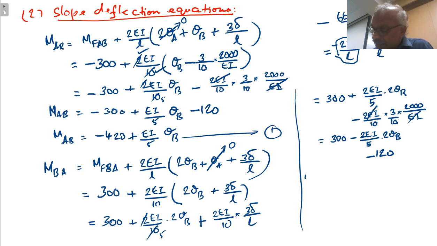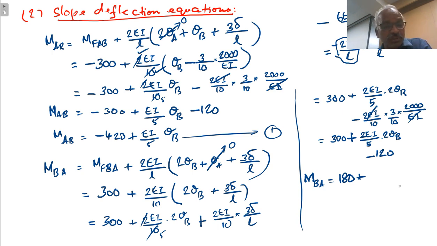Therefore you find MBA equal to 300 minus 120 is 180, and the second term is only plus. So this mistake you should not do. So this is plus, only the third term is minus. So therefore plus 2EI by 5.